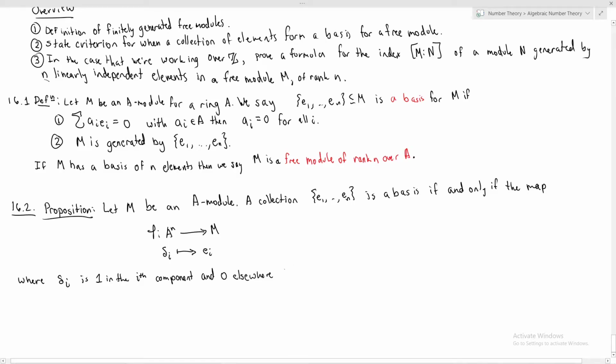If and only if this map is an isomorphism.